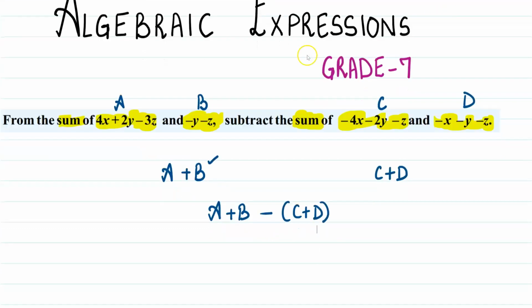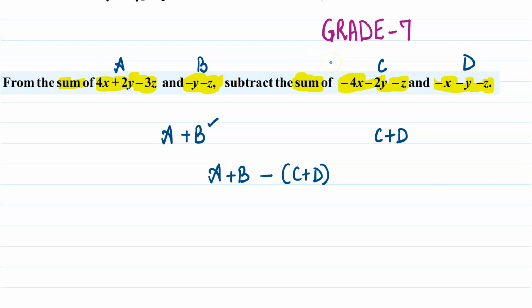So let's find out A plus B. So A plus B will be equal to 4x plus 2y minus 3z. This is A, and we have to add B, negative y minus z.